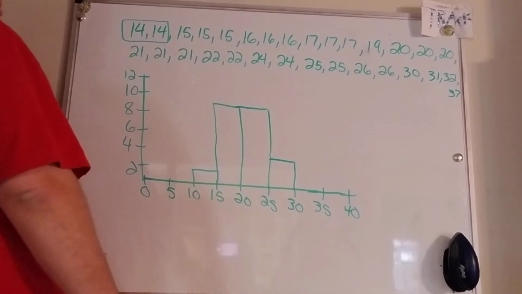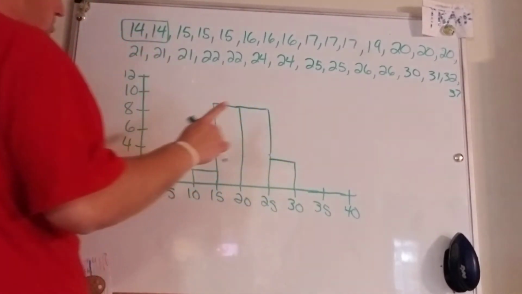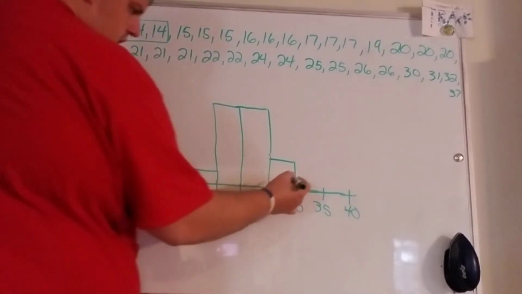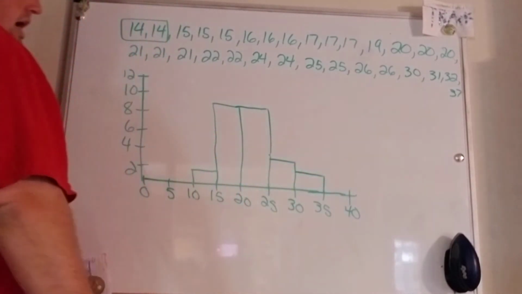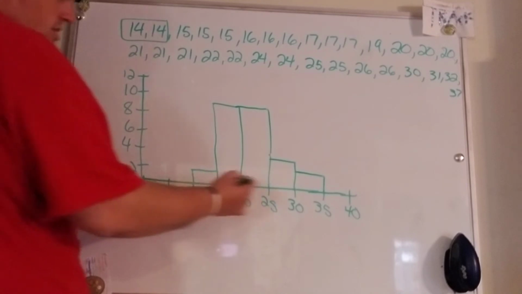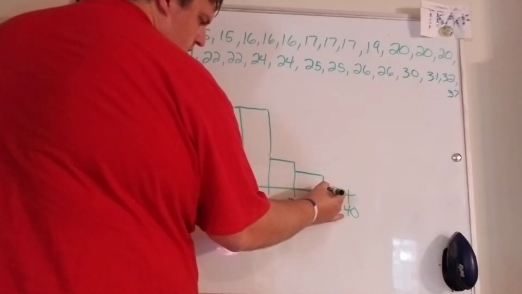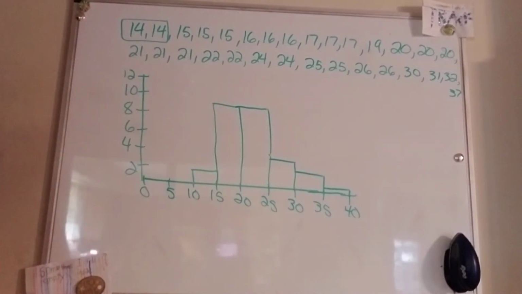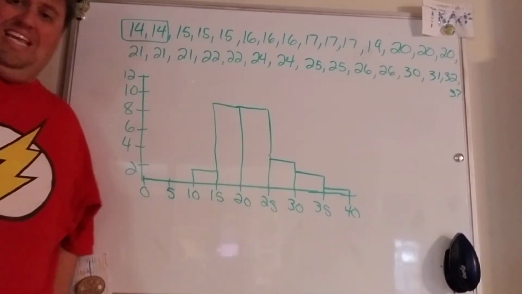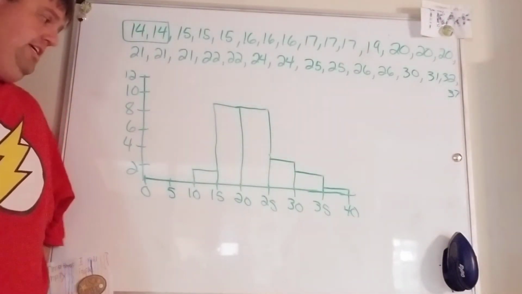And then from 30 to 35, there's 3. And then there's 1 between 35 and 40, like that. So this is a histogram, a frequency histogram.